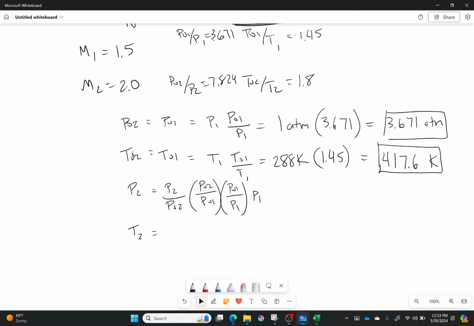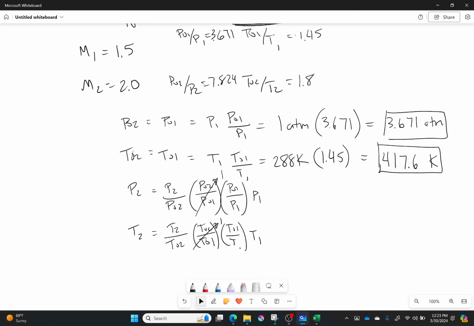Woo! That's a lot of stuff to plug in. But it's not nearly as bad as you think it is, because remember P02 and P01 are the same, so that is just 1 right there. And we have the exact same scenario for the total temperature. So I find the static temperature. So T2 over T02, T02 over T01, and then T01 over T1, and then finally T1. Goodness. But that one right there is still 1, so we really don't have all that much to do.